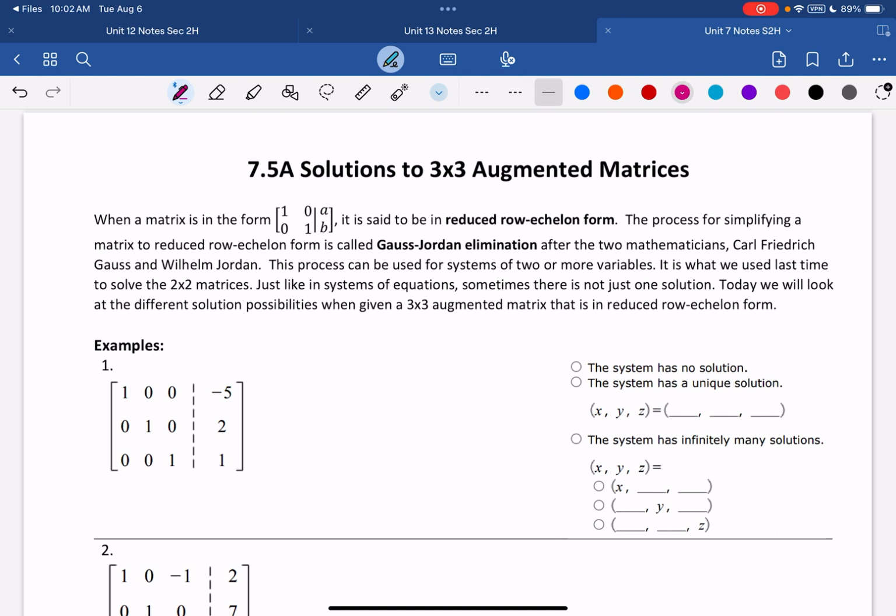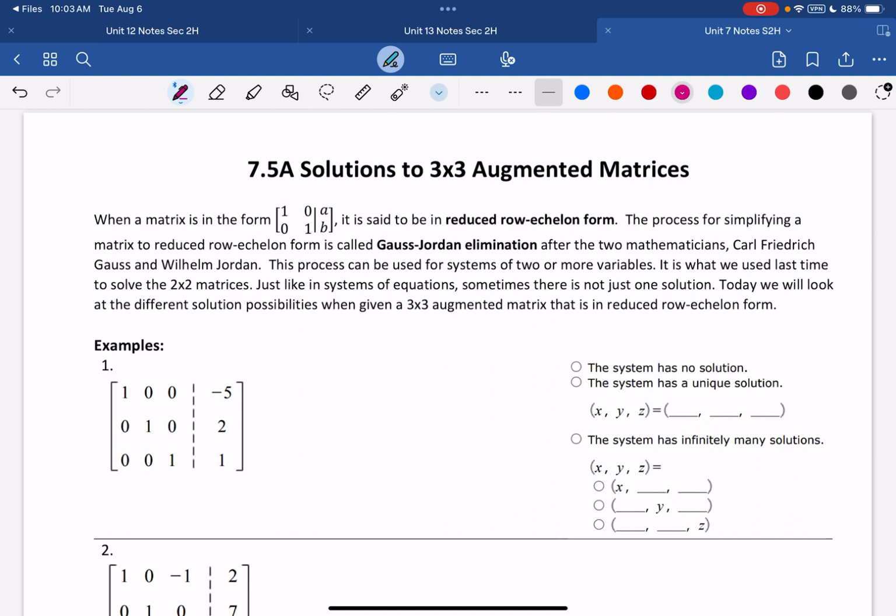The process for simplifying a matrix to reduced row echelon form is called Gauss-Jordan elimination, after Carl Friedrich Gauss and Wilhelm Jordan. The process can be used for systems of two or more variables. It is what we used last time, technically, to solve those 2x2 matrices.